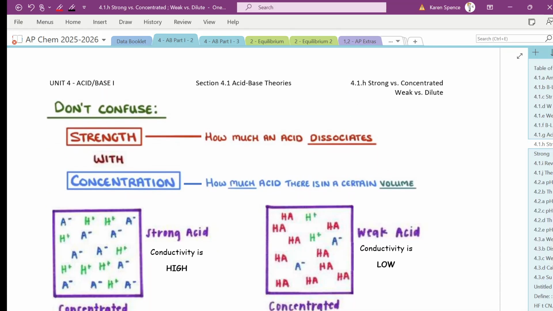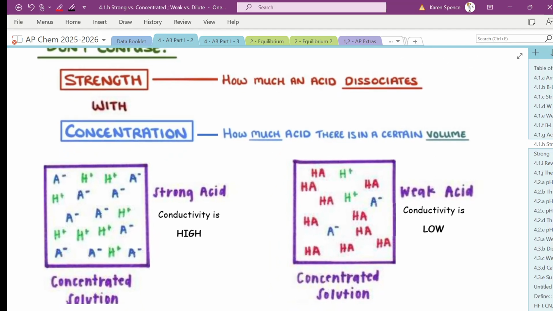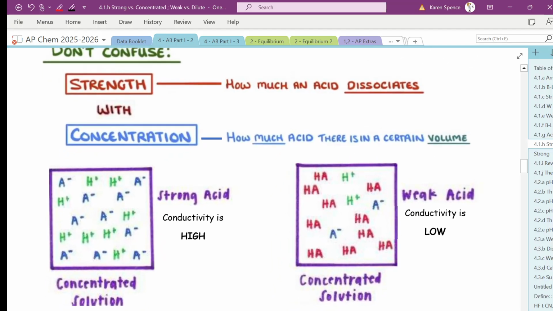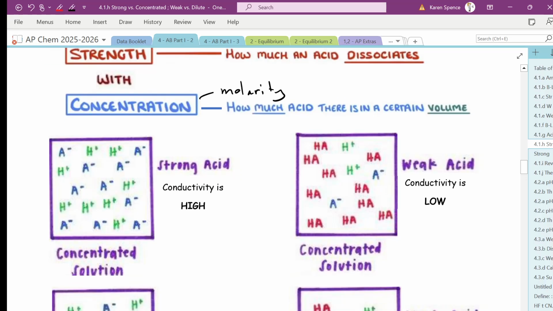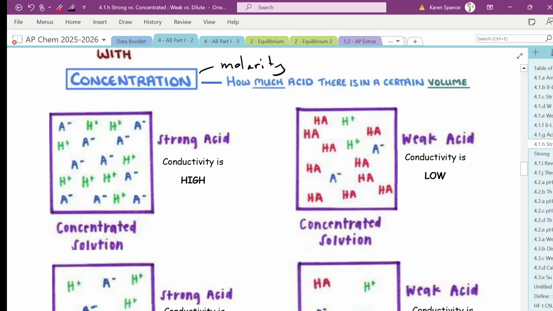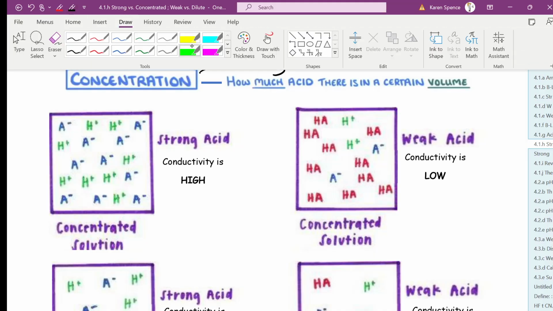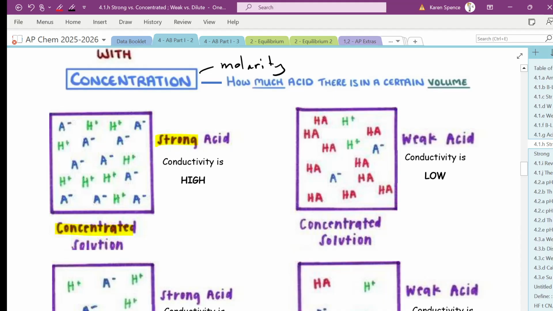Don't confuse strength with concentration. Strength is how much an acid dissociates. Concentration is how much acid there is in a certain volume, so concentration has to do with molarity. So here is a solution that is both strong and concentrated.